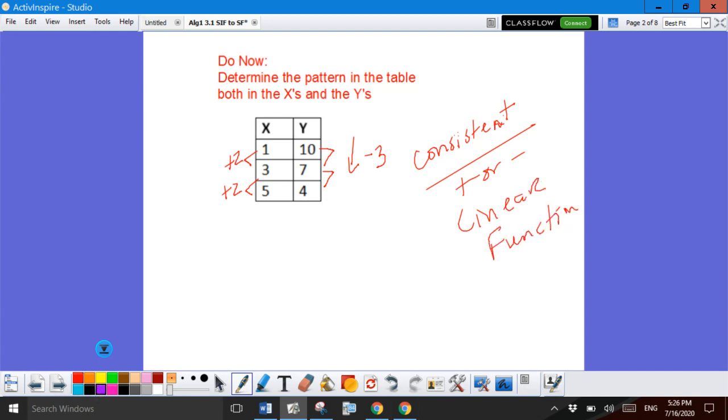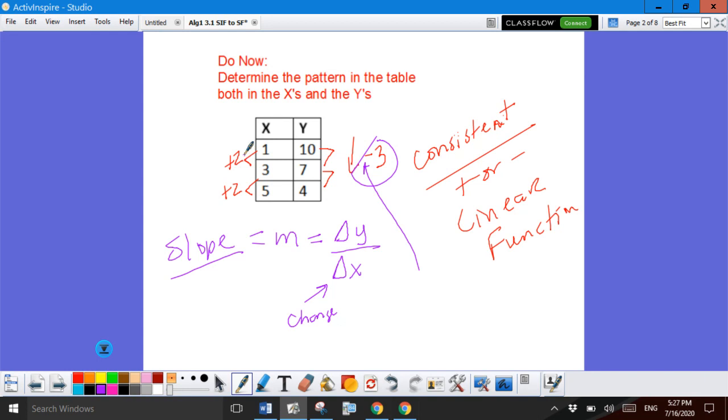Now, what I need you to remember is that when we have a linear function, we have slope. And slope is labeled with the letter m. Okay, and it is also the change in y over the change in x. And when we're talking about the change, that's what this triangle means. The change is actually these numbers. It's the pattern, okay?